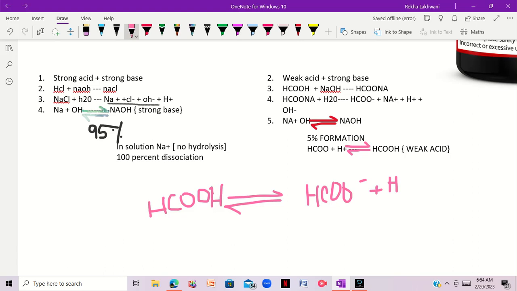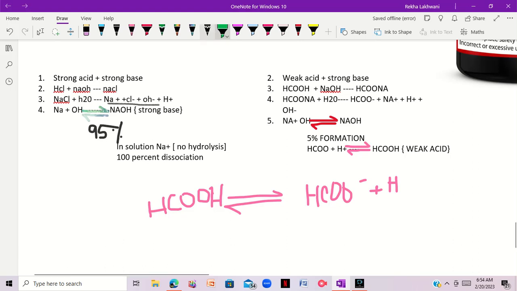So when we do the opposite of this reaction, these two reactions are basically opposites, nothing else, right? Just a difference between reactant side and product side. If I write HCOO plus H, when this reaction forms, obviously there will be 95% of forward reaction.